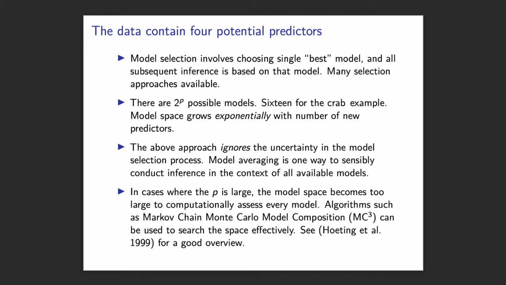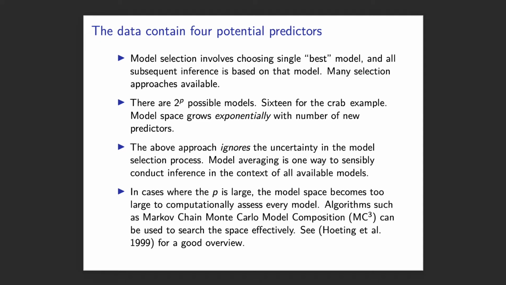In this case, we have only 4 variables, so we're going to do an exhaustive search, 2 to the p possible models. So there are 4 possible predictors here, so 2, 4, 8, 16 models in the crab example. That's no problem. 16 models is easy to fit, but of course we notice the model space grows exponentially with the number of predictors, which is a bit of a problem.